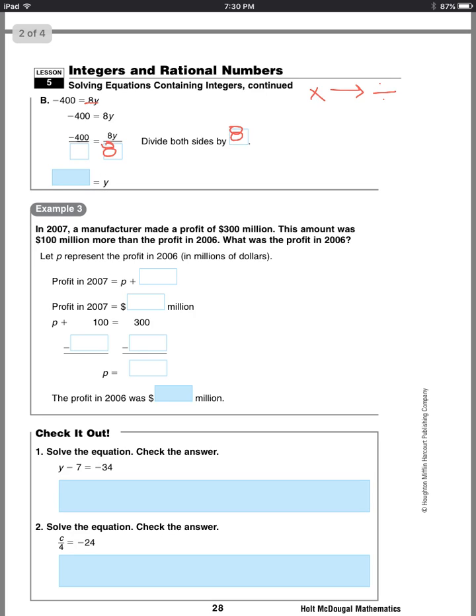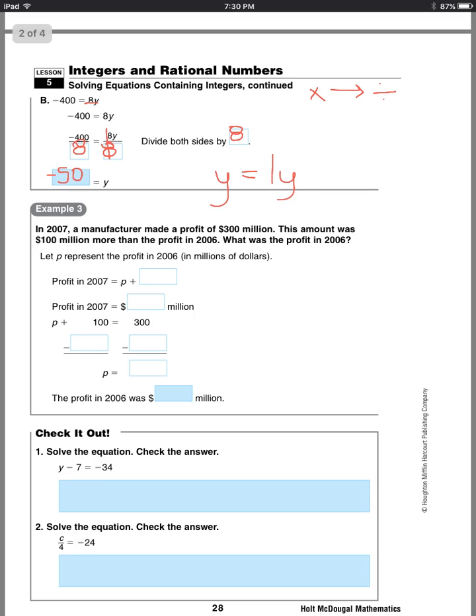And we're going to divide it by a positive 8 because remember, we're just doing the opposite operation. So that cancels those and gives us y, and y is the same thing as 1y. And then we have negative 400 divided by 8. We have one negative, so our answer is going to be a negative, and our answer is 50. Okay?